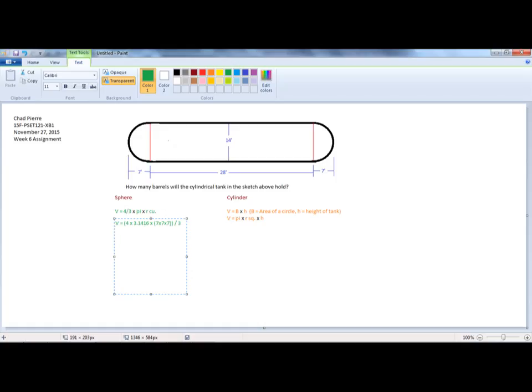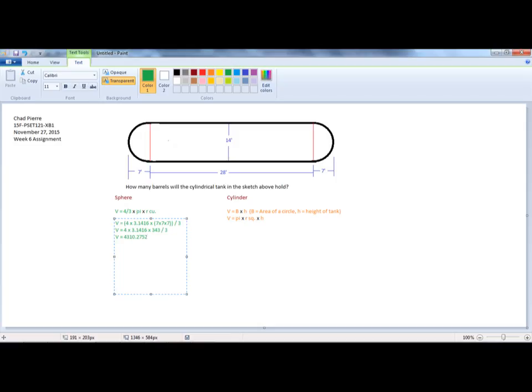So let's do some math and figure this out. Volume equals 4 times 3.1416, which is pi, times 7 times 7 times 7, which is 343, and all of this divided by 3. 4 times pi times 343 is equal to 4,310.275.